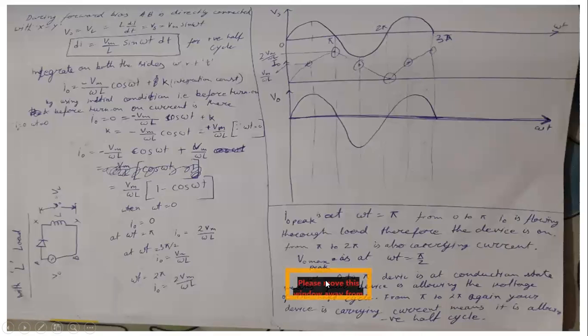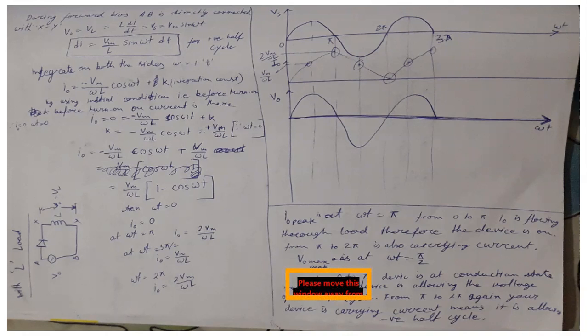For omega t equal to 0 to pi, the device is in the conduction state, meaning your device is allowing the voltage of the positive half cycle. Now from pi to 2 pi, your device is again carrying current, meaning it is allowing the negative half cycle. So it is allowing both halves.